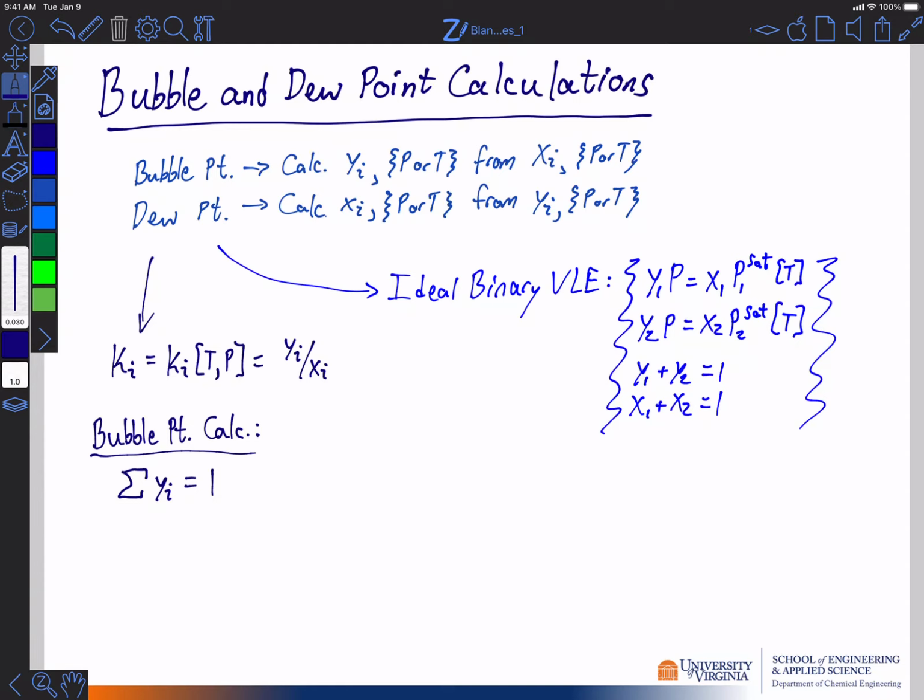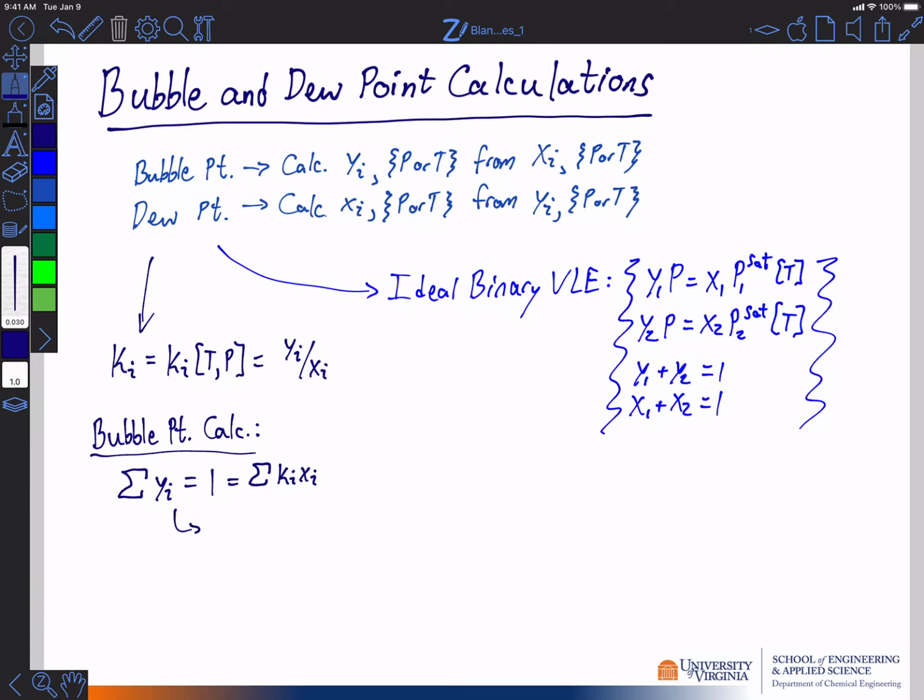And now if we think about how this plays out, right, we could also say that this then means that the sum of all of the K values times the x, or liquid phase compositions, also has to equal 1. Right? And so this is how we start to incorporate the K value-based equilibrium approach into our bubble point calculations.